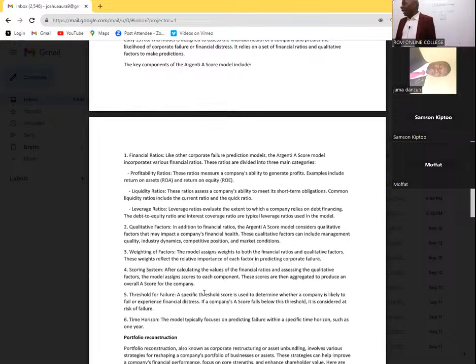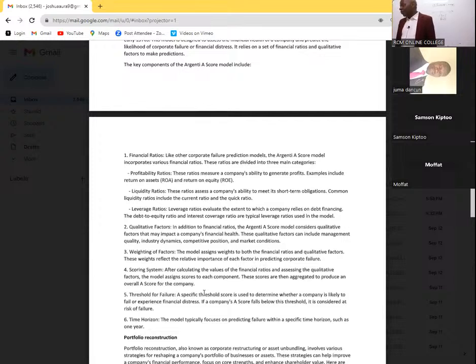These scores are then aggregated to produce an overall A score for the company. The threshold for failure. A specific threshold score is used to determine whether a company is likely to fail or experience financial distress. If a company's A score falls below this threshold, it is considered at risk of failure.